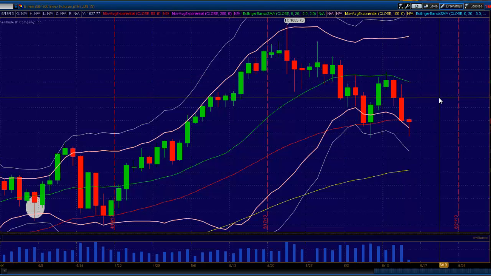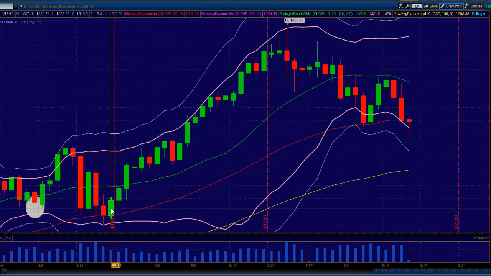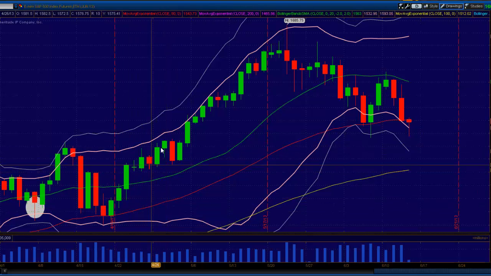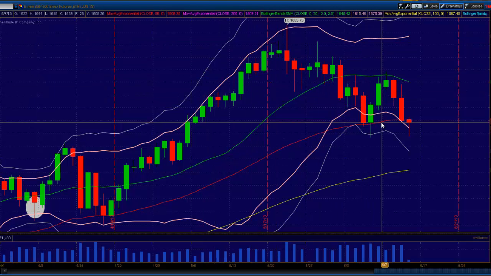If you do that, then you will see rallies that are sold, and you'll see price ride the lower band, which is the converse of the action that had been happening for all of April, where we would revert back to middle band and then continue to reach and reach and reach for the upper band. So if that's the kind of June that we're looking at, that's what you'll see: rallies getting sold, riding the lower band.